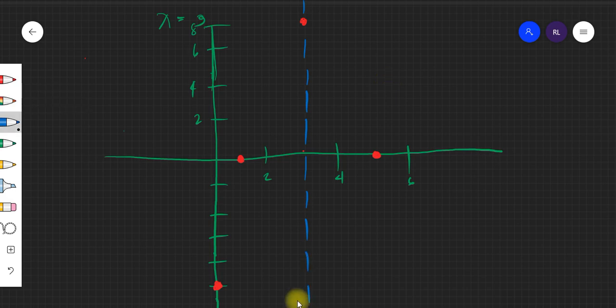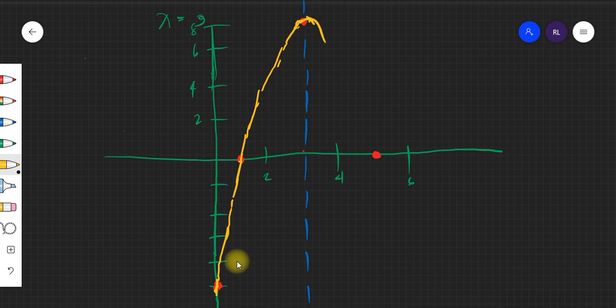Then we can start sketching our graph. So the graph looks like this. Sketching means we're simply looking at the general behavior of the graph with its important parts. When we say draw the graph, we mean graphing using tables.